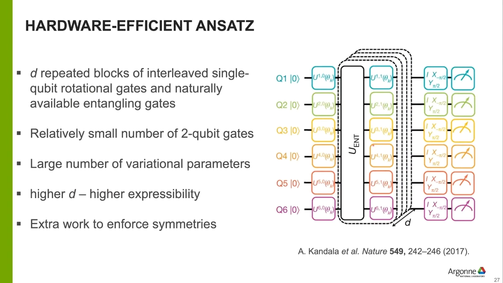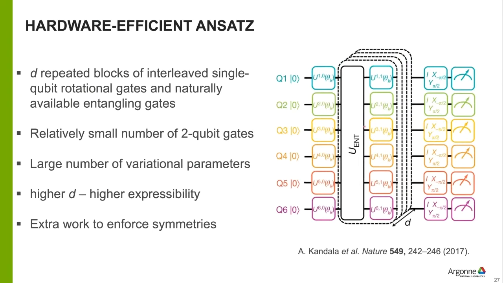So the property of this ansatz is essentially a relatively small number of 2-qubit gates. However, you end up with a lot more variational parameters because you parameterize all these single qubit gates, and you have to optimize a lot more parameters compared to the UCCSD ansatz. And also there are no symmetries built into this ansatz because there's no chemistry involved in designing these, essentially.